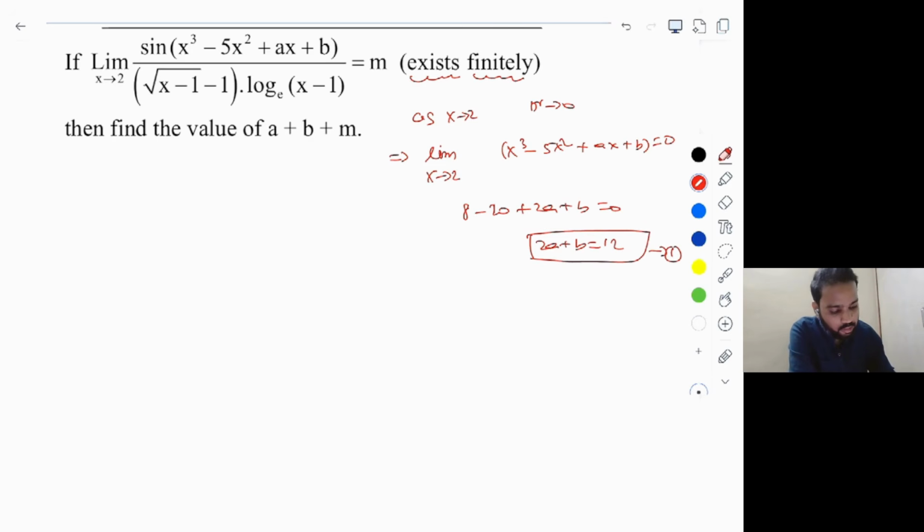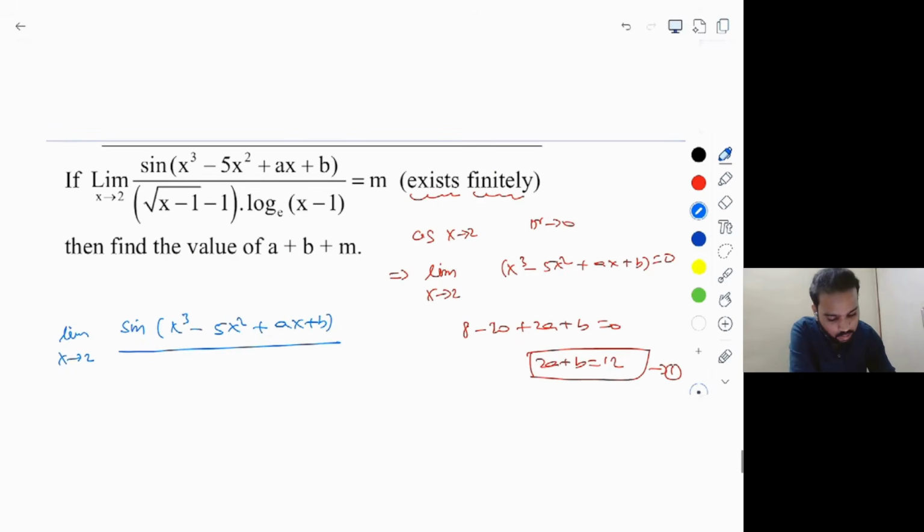Okay, so let's try to evaluate the limit now. What I'm going to do is limit x tends to 2, this will be sine of x cube minus 5x square plus ax plus b, whole divided by... And then I'm going to rationalize the denominator here. Let's do the calculation in a rough.